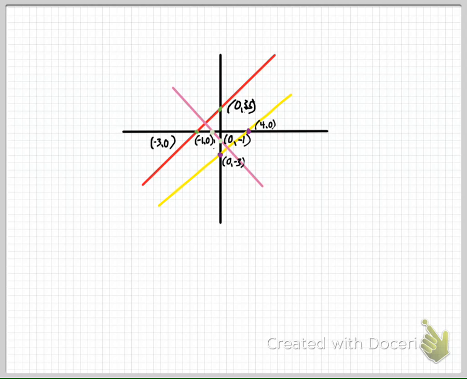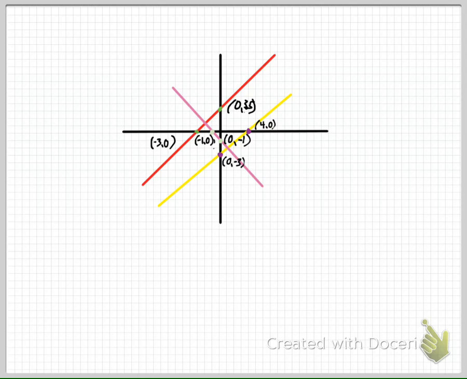Right, again, our x coordinate tells us whether we go left or right, and going to the left or right is going to put you either to the right of the y-axis or to the left of the y-axis, which means if your x value is 0, you are not left or right, you are on your y-axis, right?